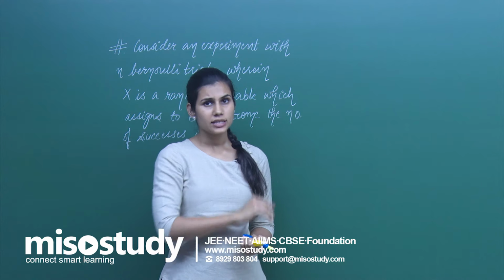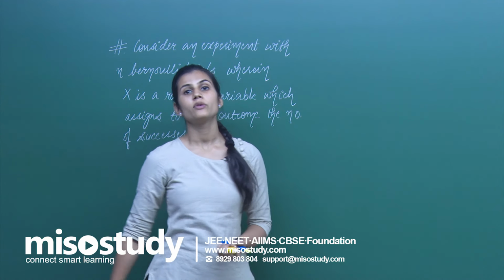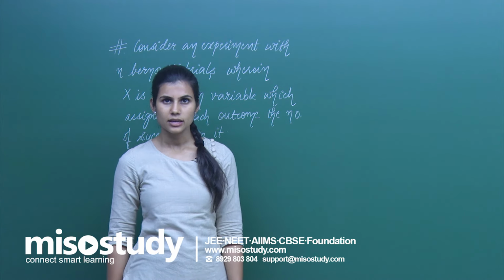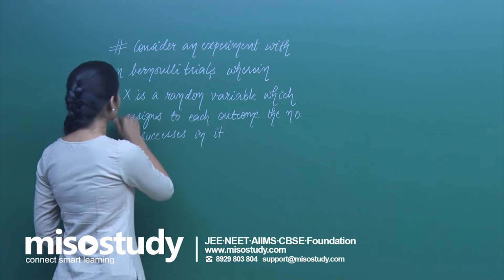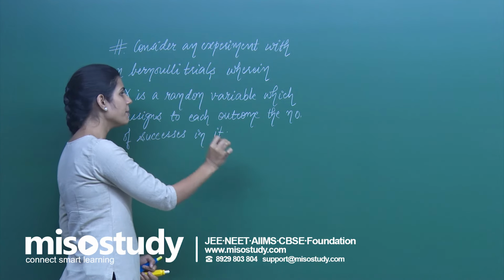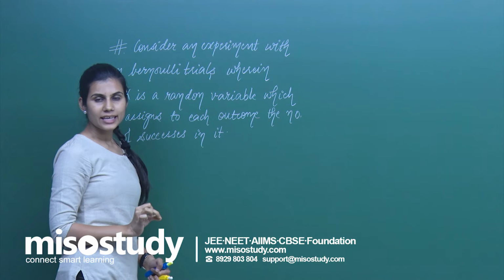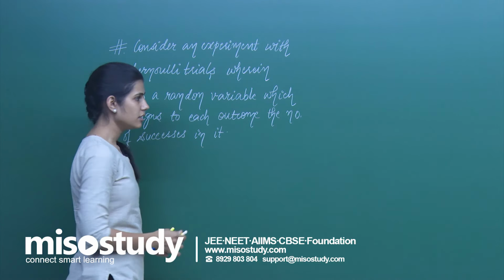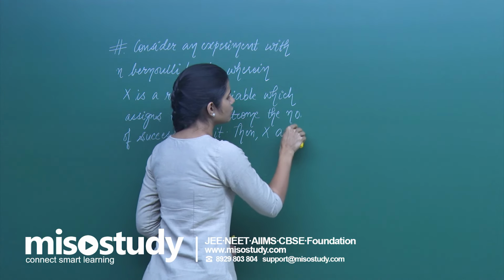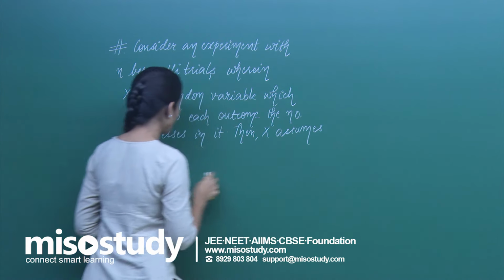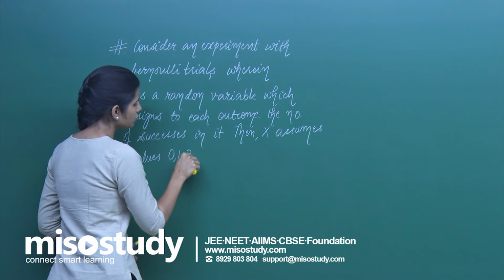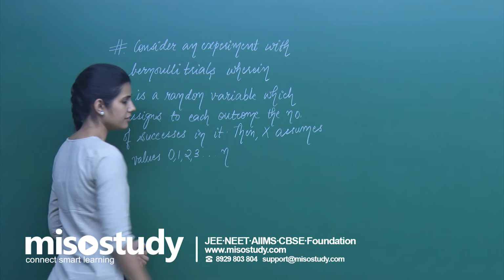After that you can get 3 successes, 4 and so on, till in all the n trials you get success. That means all n are successes. That means this capital X, which is standing to represent the number of successes in each outcome, can vary from 0 to n. So capital X assumes values 0, 1, 2, 3 up till n.